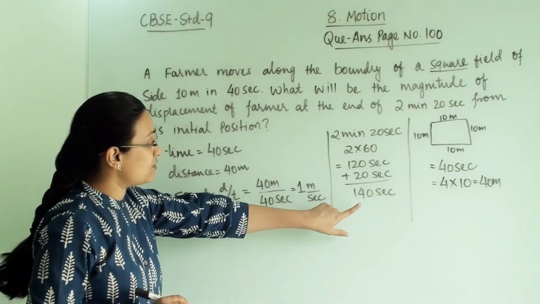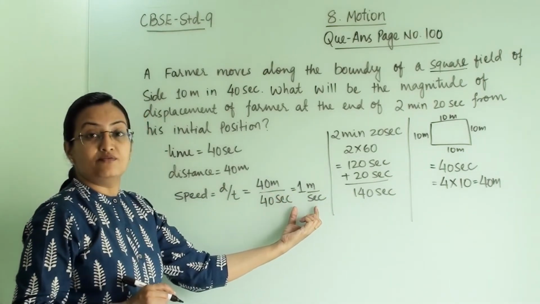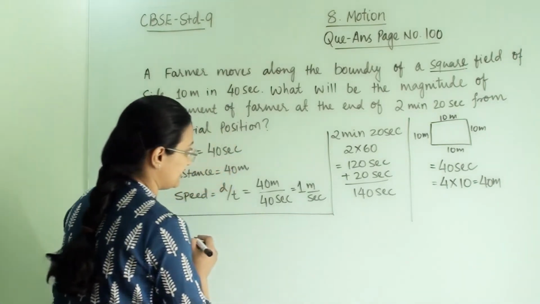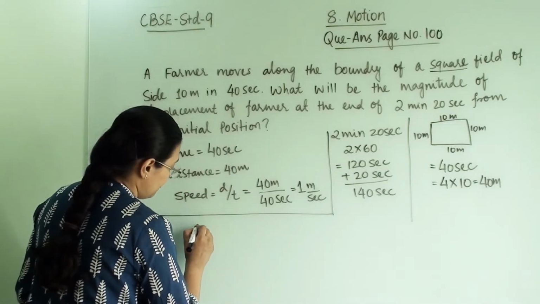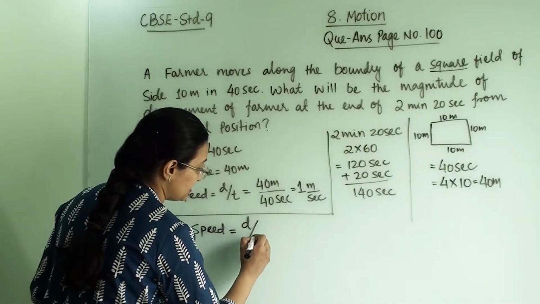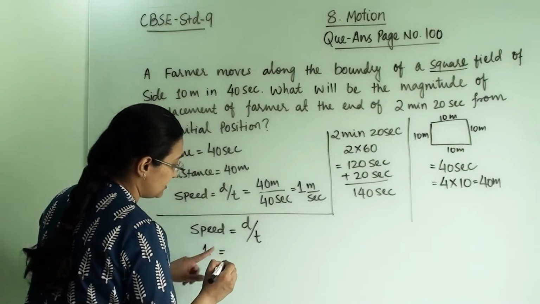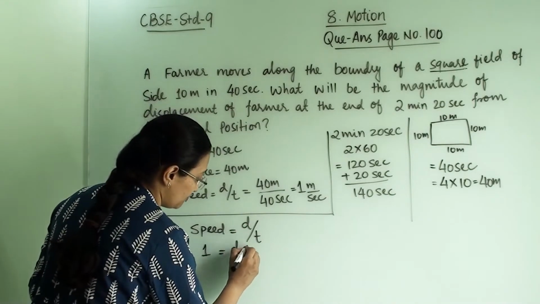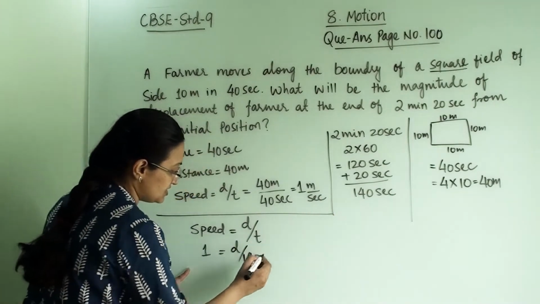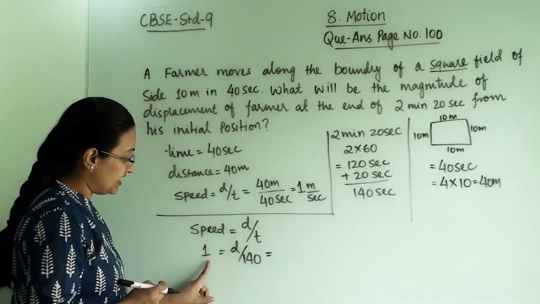Now let us find out that after 140 seconds with this speed, where will the farmer reach. So this is for the second case: if his speed is this much, then how much distance will he cover in this much time? We know the speed, it is 1 meter per second. Distance we want to know and time is 140 seconds. So this 140 we are taking to this side.